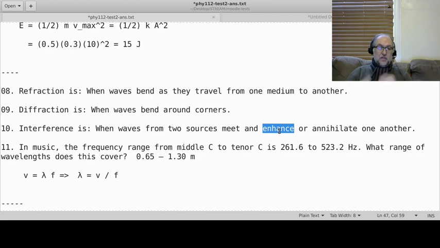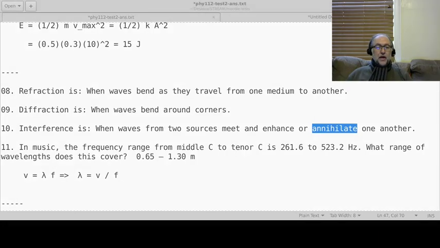And those are regions of enhancement. Okay, and so that means brighter if it's light or louder if it's sound. But there's also regions of space where crests will meet troughs, and whenever a crest meets a trough, you get annihilation. They'll actually cancel one another out, and so that means dark if we're talking about light, or it means quiet if we're talking about sound.